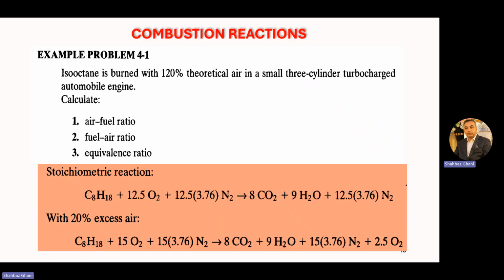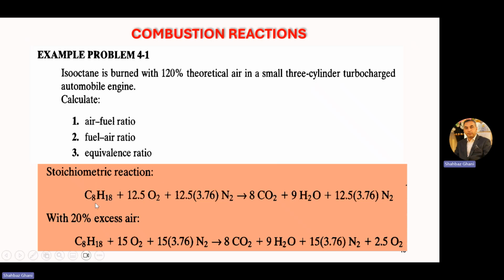Now we have an example. Fuel isooctane is burned with 120% theoretical air in a small 3-cylinder turbocharged automobile engine. We have to calculate the air-fuel ratio, fuel-air ratio, and equivalence ratio. So we have isooctane fuel and 20% excess air. Let's see.